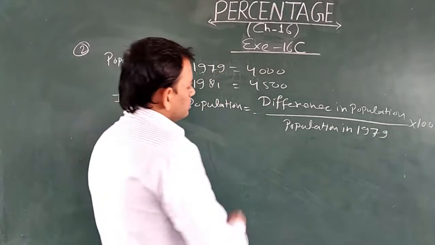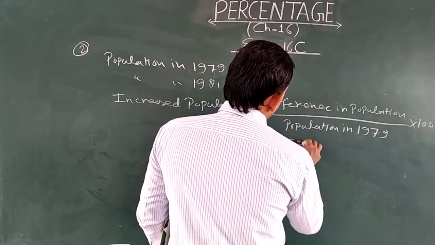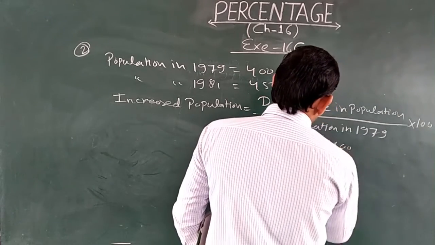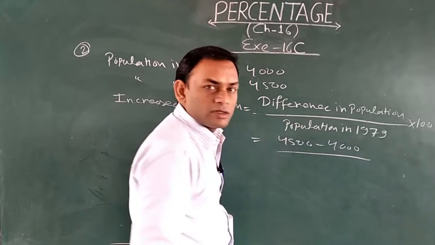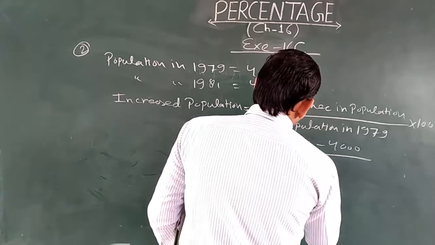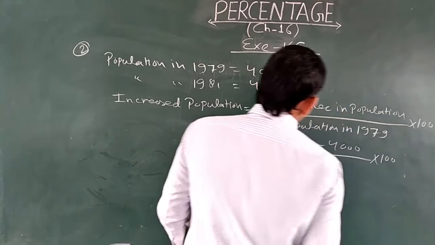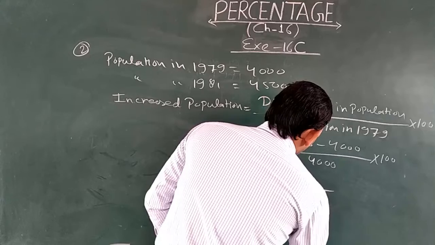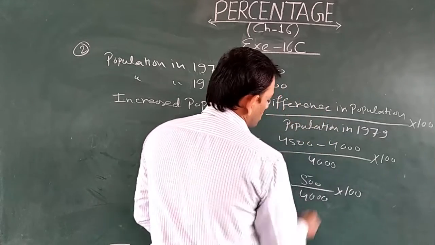Okay, so we will find the difference, and to find the difference we always subtract the smaller value from the greater, means 4000 from 4500. And what was the original population? In the starting it was 4000, and now multiply by 100. So you will get 500 upon 4000 multiply by 100.